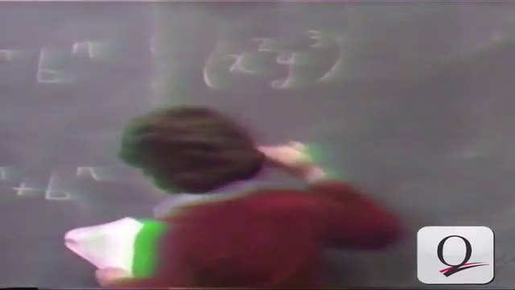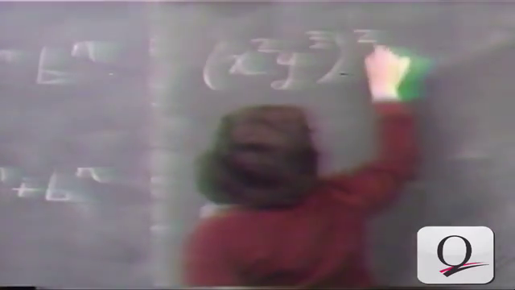Let me give you an example illustrating why this one works and this one doesn't. Let's consider the numerator of the last example that we worked out. We had x squared y cubed to the 2nd power.